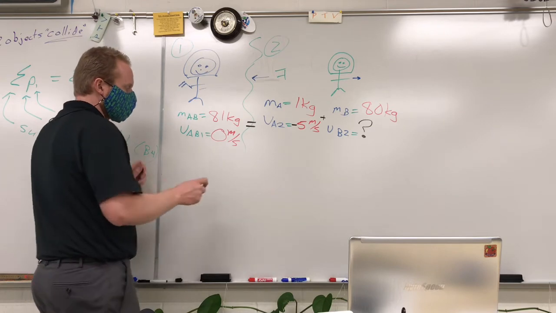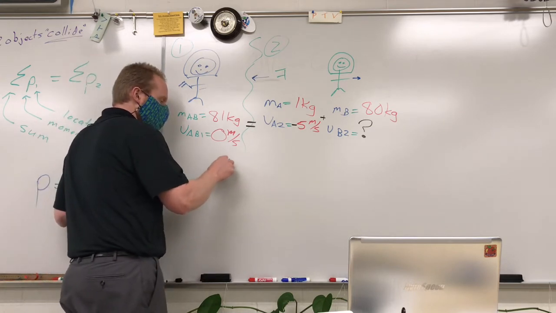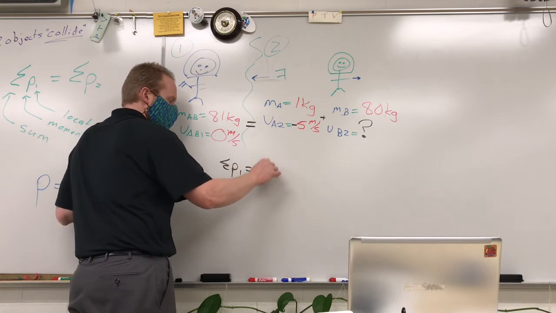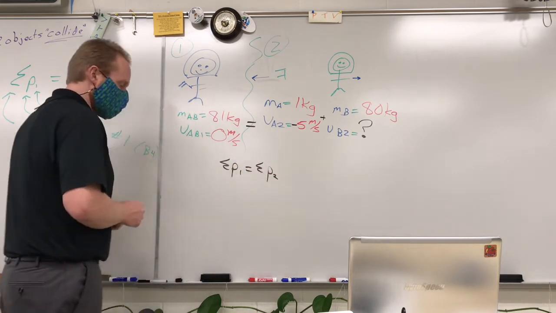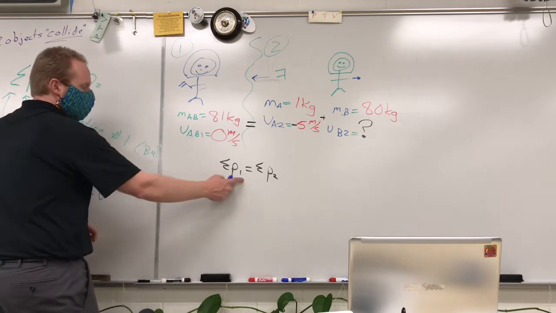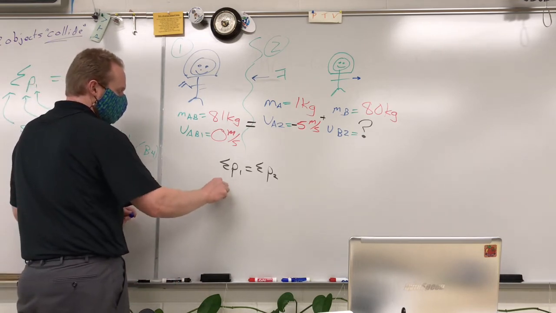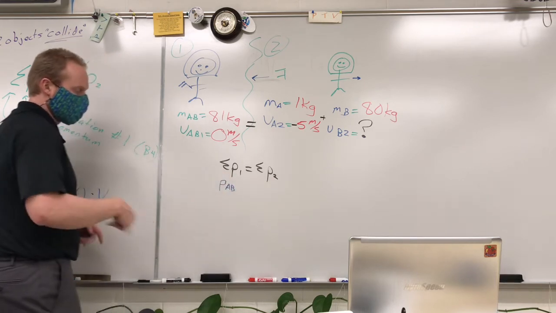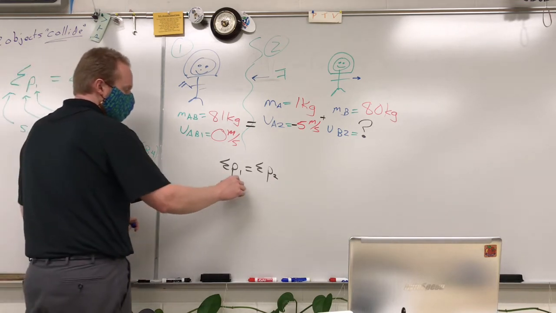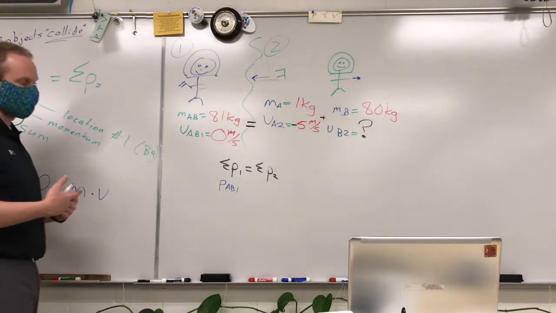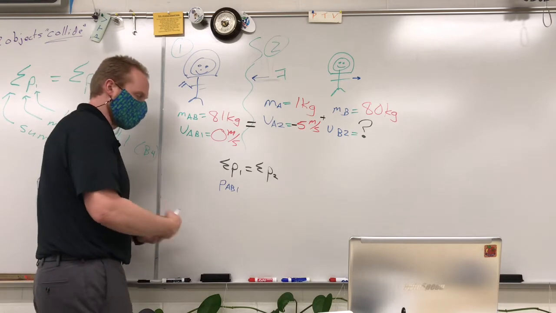So when we use conservation of momentum, it says the sum of all my momentum before is equal to the sum of all my momentum after. How many objects do I start with? Well, I start with one. So I'm going to have to find the momentum of that one object, which I called object AB, before the interaction. So P, momentum of object AB, 1 before.